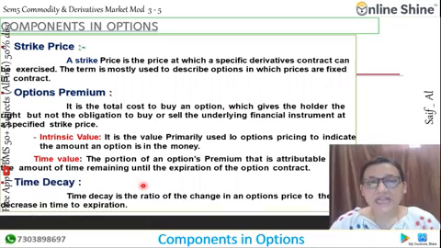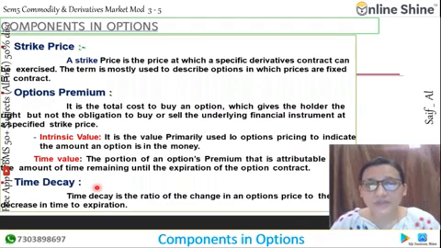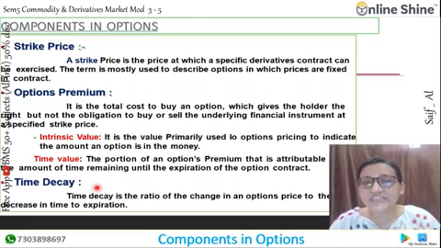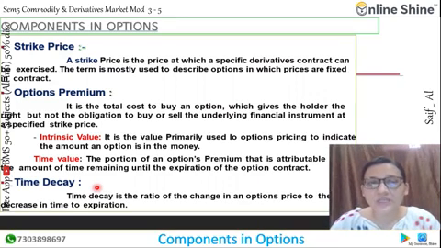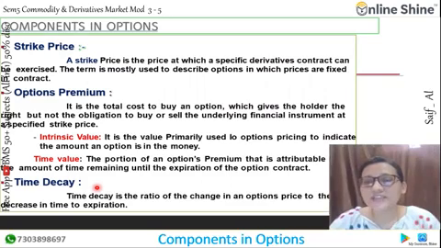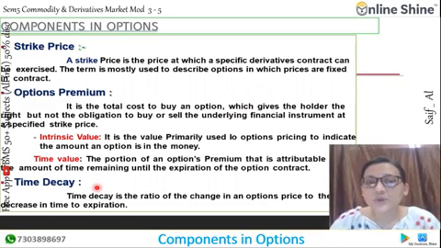Now next one is time decay. Decay means something is passing out. So whenever the time of the option contract is passing out, time decay is the ratio of the change in the option price to the decrease in the time to expiration. इसका सीधा मतलब ये है कि ऑप्शन प्राइस में कितना चेंजेस होगा जब ऑप्शन की जो एक्सपायरेशन, जो मैच्योरिटी डेट है वो क्लोज आती जाती है.